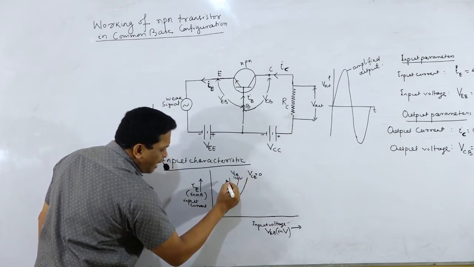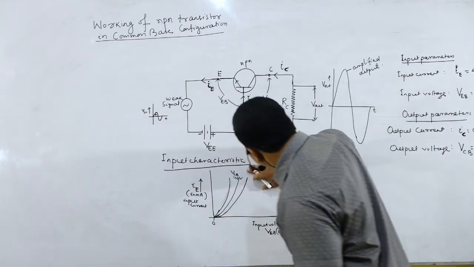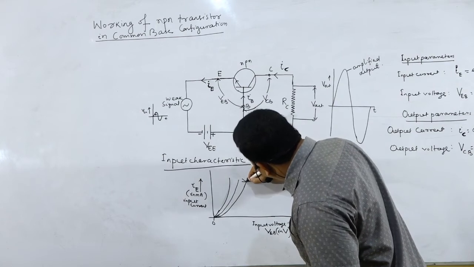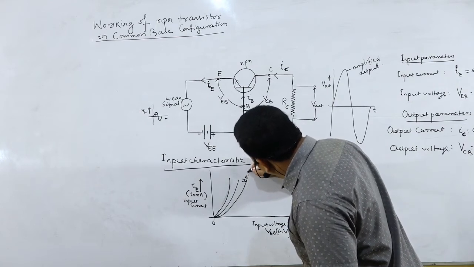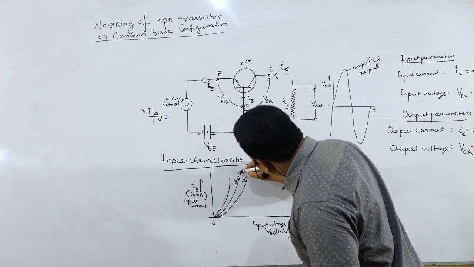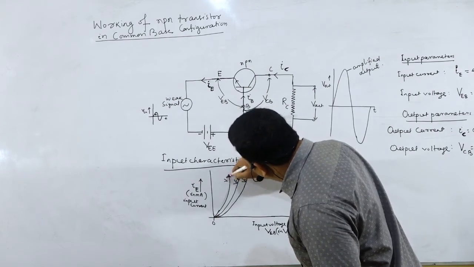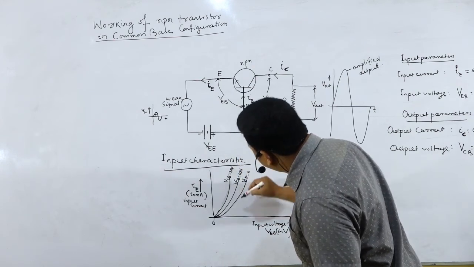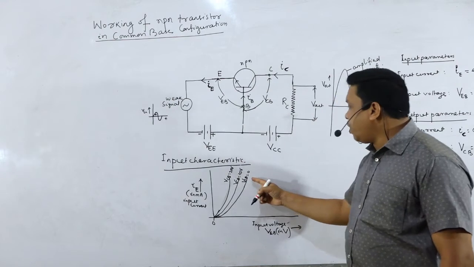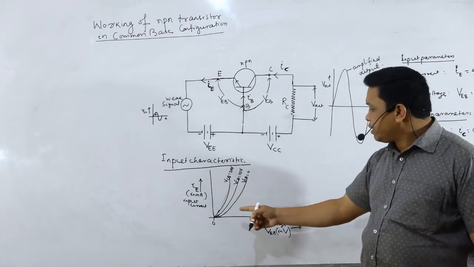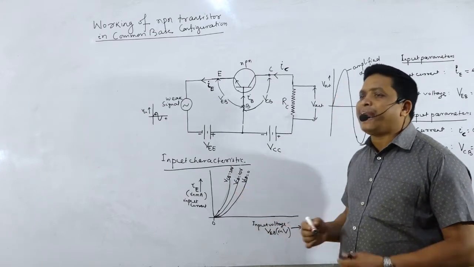And this is the graph, I write like this: VCB equal to 0, VCB equal to 10 volt, VCB equal to 20 volt. So for three different output voltages, we have plotted three graphs. Each one is an input characteristic.